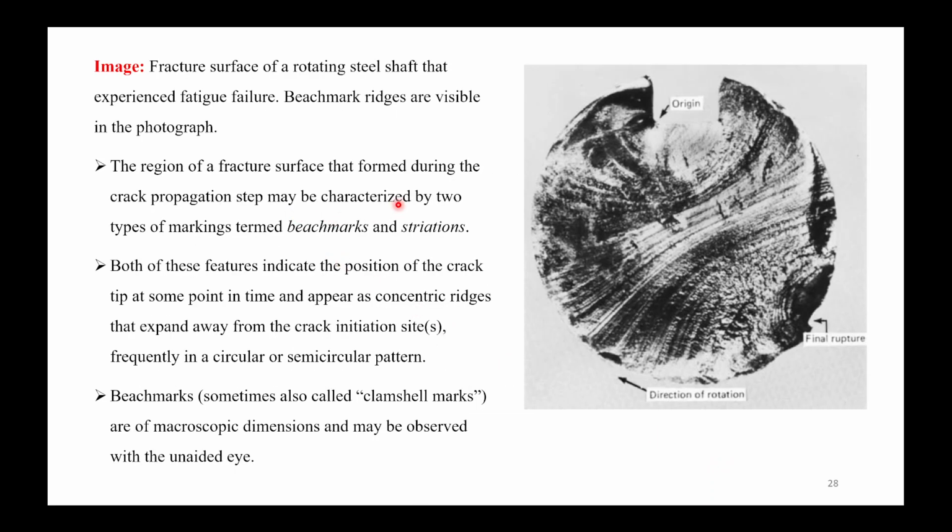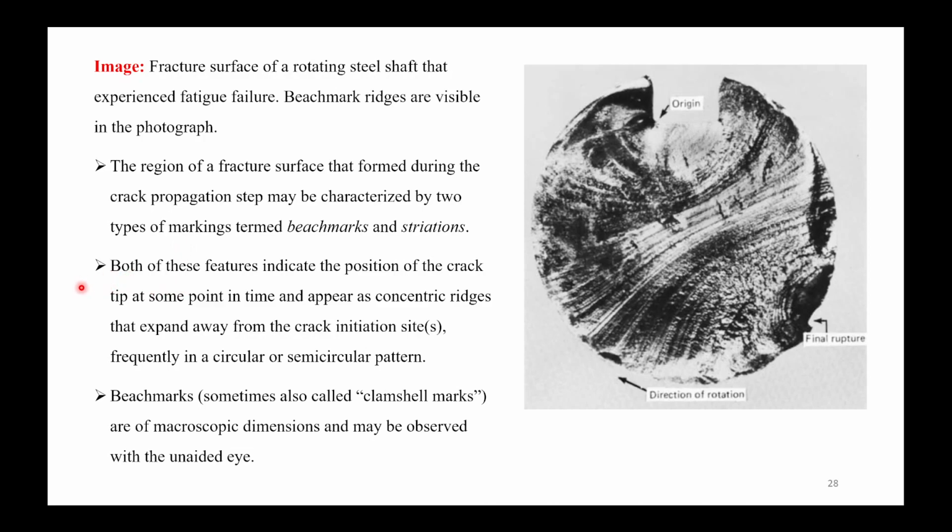This is the image of your fracture surface, the fracture surface of a rotating steel shaft that experienced fatigue failure. These are the beach marks and ridges which are visible in the photograph. Now, the region of a fracture surface that formed during the crack propagation step may be characterized by two types of markings termed beach marks and striations.